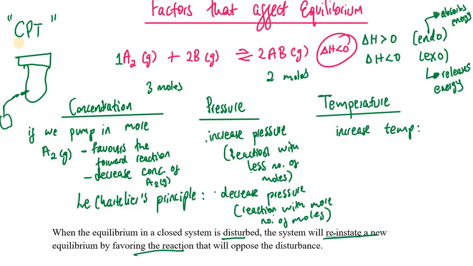So since it's already hot, if you increase temperature, you're going to favor the reaction that decreases that high temperature. And which reaction is that? It's going to be the endothermic reaction. So when you increase temperature, you favor the endothermic reaction.